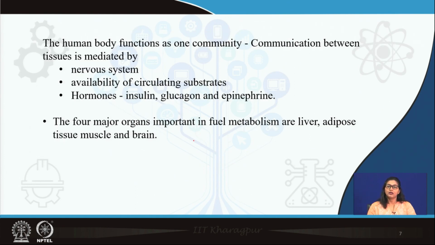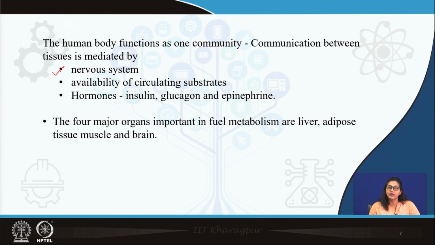So as we can see, in the human body or even in a multicellular organism, or in a unicellular organism, all the functions of the cells occur as one community, and this communication is mediated via, first and very important, the nervous system. Our brain gives the signal through the nerves on how things are to be coordinated.